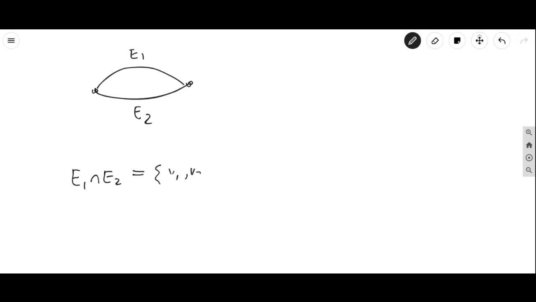Now, to make comments, let's say you have something like this. If this is E1 and this is E2, then the intersection is now going to be two vertices, let's say V1 and V2. So this is V1, this is V2, and this is not allowed. Our definition does not allow it.